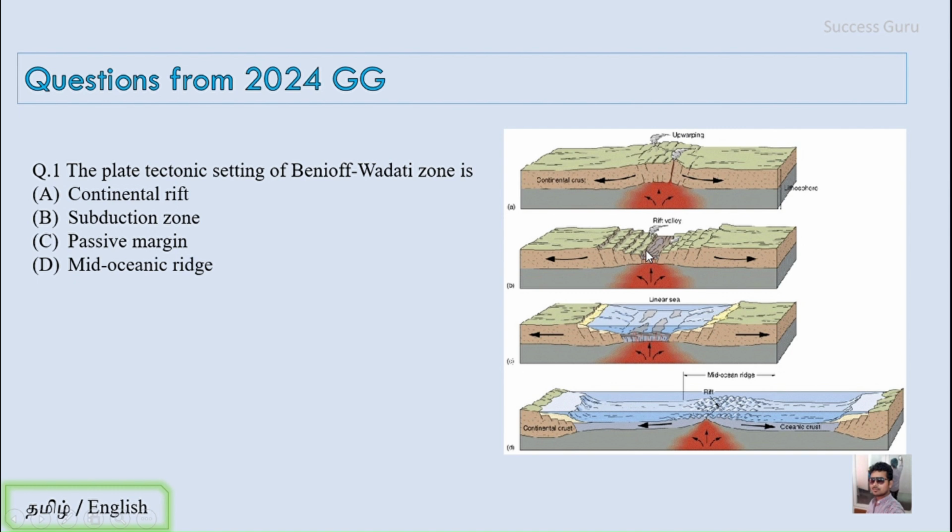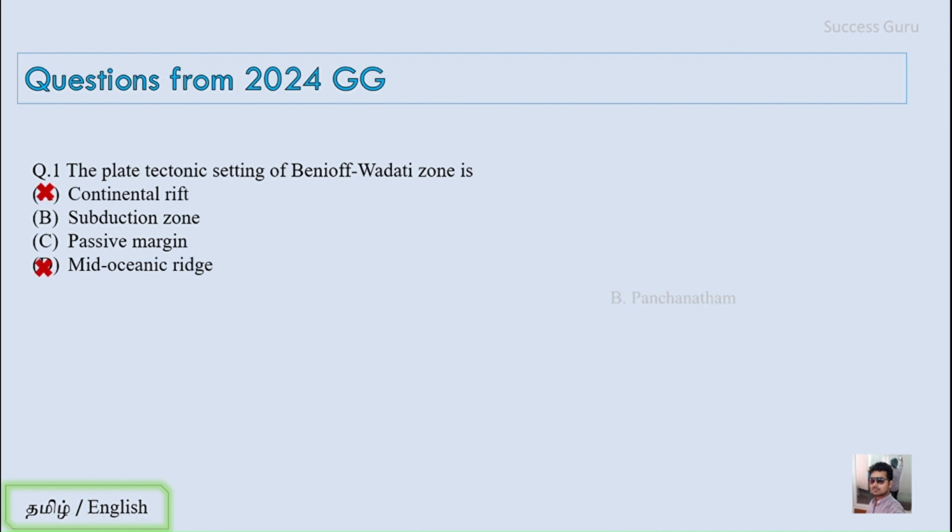As the plates move apart, a shallow linear sea forms, and there will be two different continental plates separated by a newly formed oceanic plate, with a mid-oceanic ridge. So you can't see any sort of Benioff-Wadati zone here. So option A is not the right answer, and option D is also not the right answer.